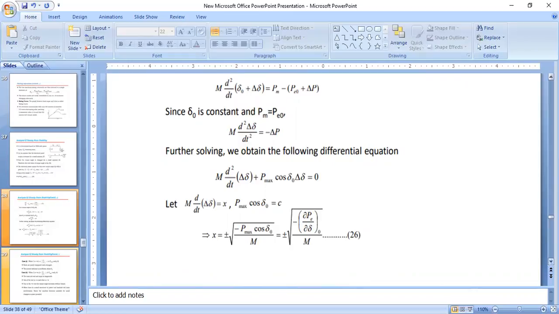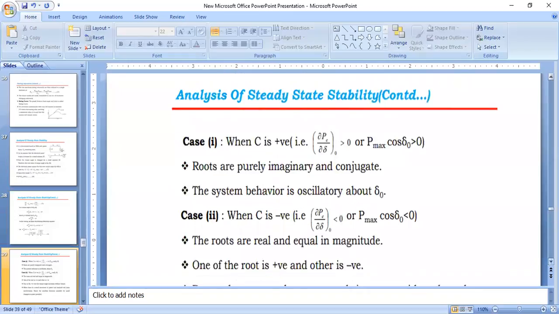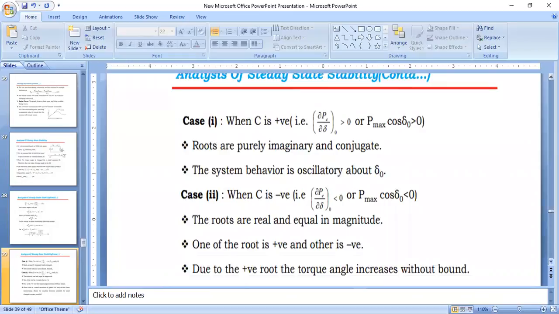Let M d/dt by d delta be equal to x and P maximum cos delta 0 be equal to c. Then x is equal to plus or minus square root of minus P maximum cos delta 0 by M, that is equal to plus or minus square root of minus dou P by dou delta by M. Continuation. Case 1: when c is positive, that is dou P by dou delta greater than 0, or P maximum cos delta 0 greater than 0, the roots are purely imaginary and conjugate.